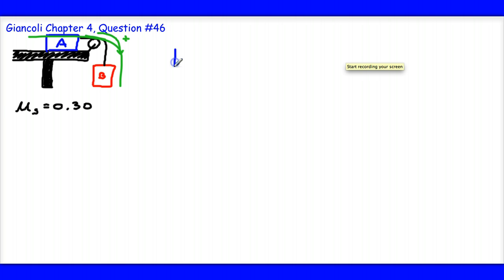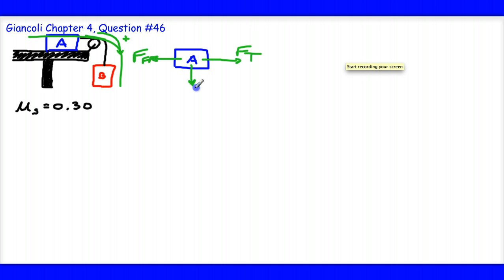Let me explain. Let's start with box A. There are two forces acting in the horizontal direction: the tension in the line, F sub t, pulling it to the right, and the frictional force pulling to the left. These will be equal to each other if it's not moving.